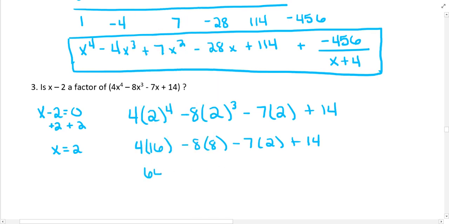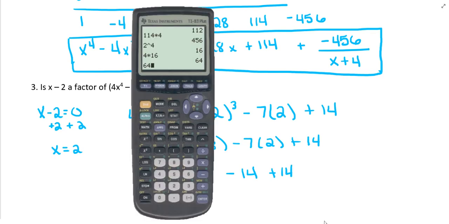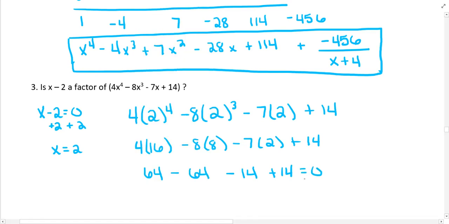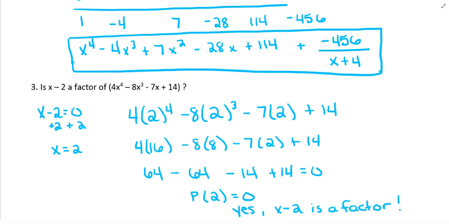So 64 minus 8 times 8, 64, minus 14, plus 14. So 64 minus 64 minus 14 plus 14 is 0. So since I get 0 out of there, so we say P of 2 equals 0, then we can say yes, x minus 2 is a factor. The other thing you could do is synthetic division, and if you got a remainder of 0, you would have that x minus 2 as a factor as well.